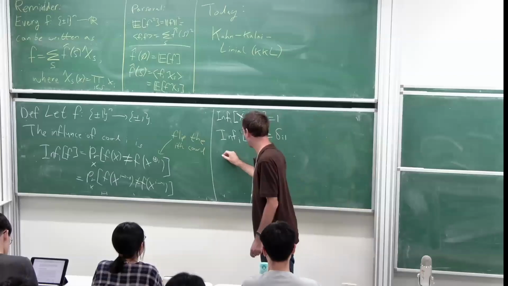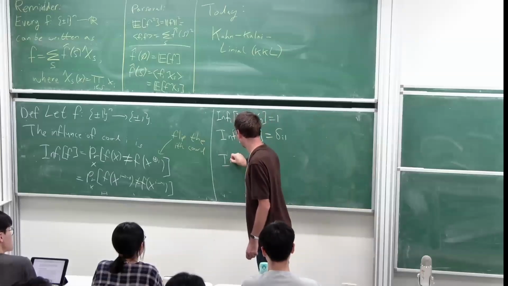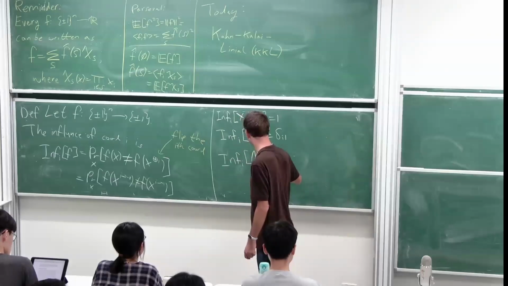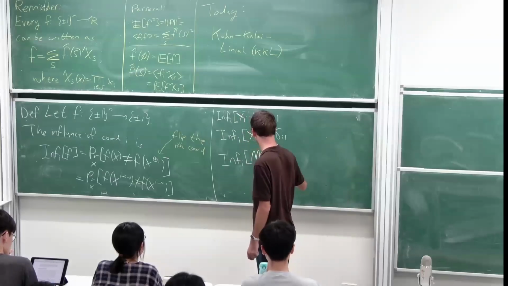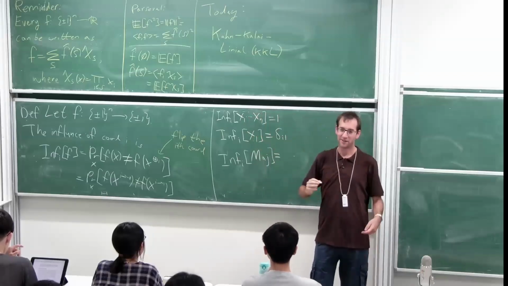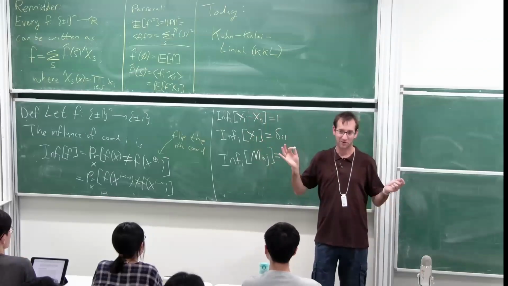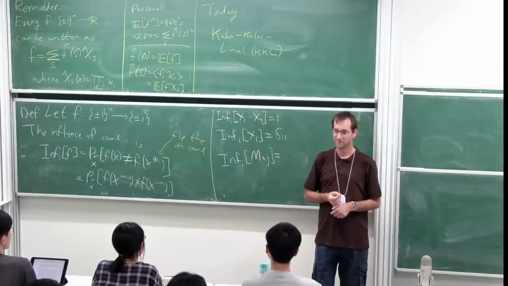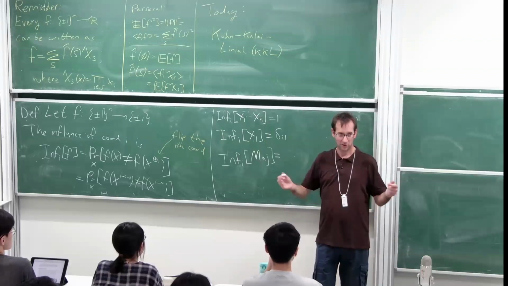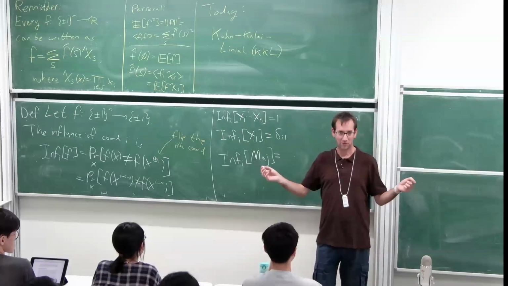Okay, now for something more exciting. What's the influence of coordinate I for the majority function? And let's assume that n is odd so that it's well defined. For the majority function, we take a majority vote over all inputs.